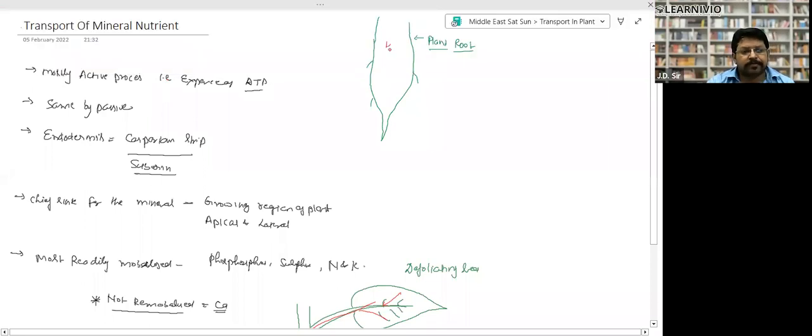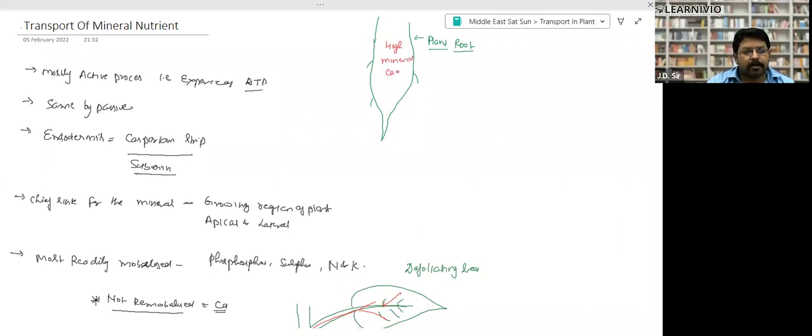Inside there is a high mineral concentration, and outside there is the soil. Soil has a low mineral concentration.